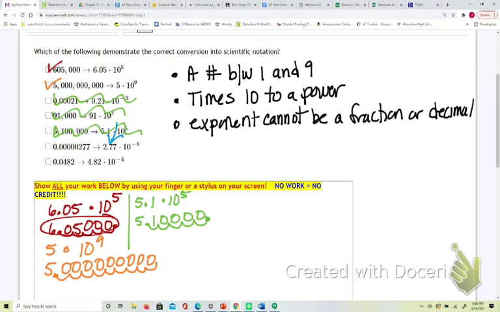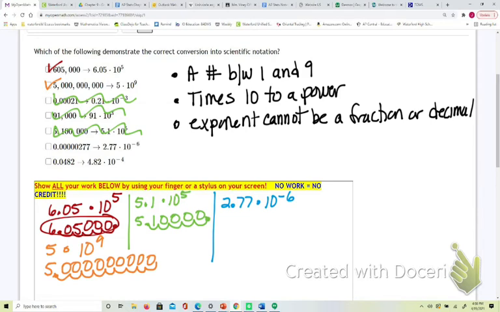Okay, now we go down to the next one. 2.77, yeah, that's between 1 and 9. Times 10, yeah. My exponent is -6, not a fraction or a decimal, so that's good. But now I need to know if the -6 is the right number. So 2.77 times 10 to the -6. Okay, now I'm remembering from what I just talked about that if the exponent is negative, I have to move it to the left.